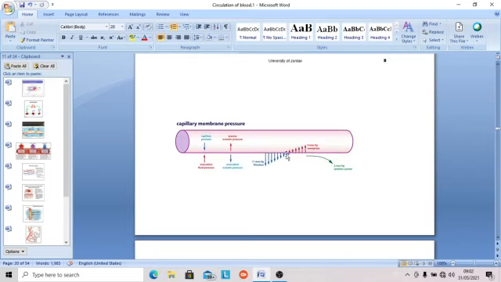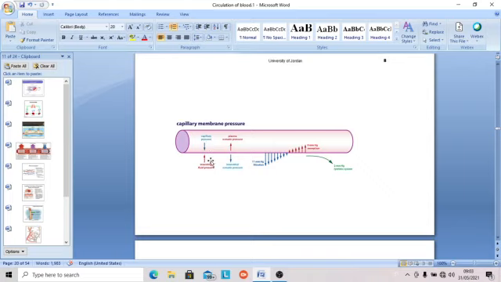Even at the tissue level, we will see in detail what the pressures are. There is a blood pressure here, it is called hydrostatic pressure. And the pressure here is called interstitial fluid pressure, or hydrostatic pressure of the interstitium, while the hydrostatic pressure of the capillary is the blood pressure here.